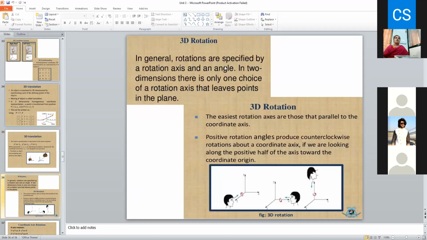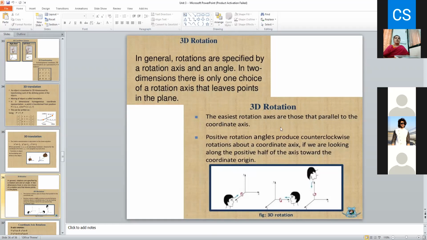Next is 3D rotation. Rotation is carried out about a specific axis. Earlier, in the case of two-dimensional objects, rotation was carried out with respect to the origin. But in the case of 3D rotation, it is carried out with respect to an axis.